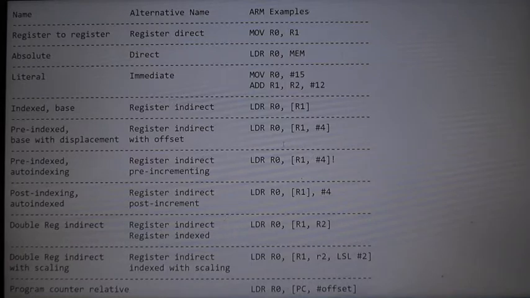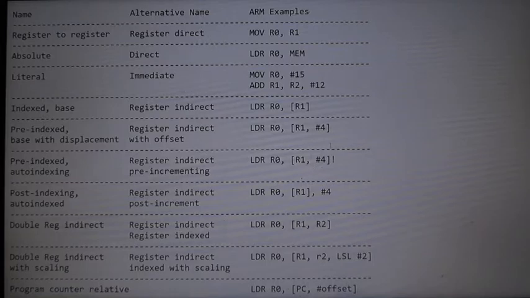Next is pre-increment, also known as pre-indexed auto indexing, and register indirect pre-increment. Here R1 holds the base memory location, and the number 4 is in our instruction.